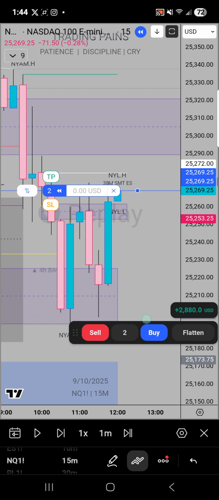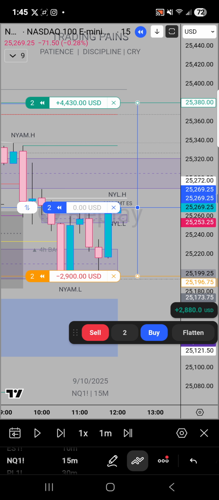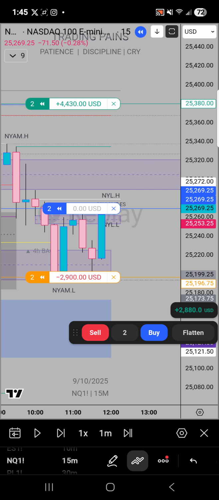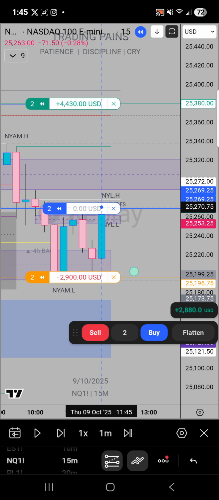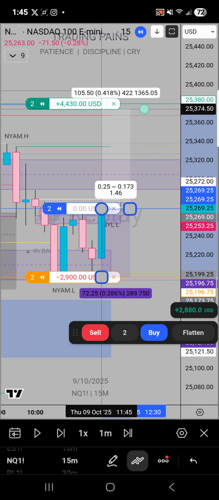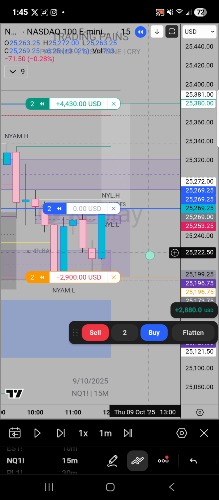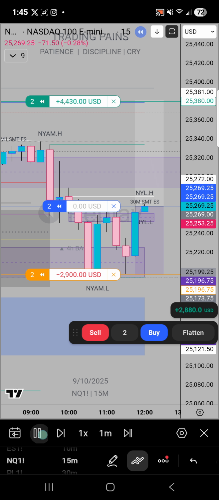Stop loss below here. Targeting Asia highs. Even London highs would be good as well. But for now, since it's backtesting. Okay, right now at this point it's 11:45, so we've been sitting at the charts for a while.